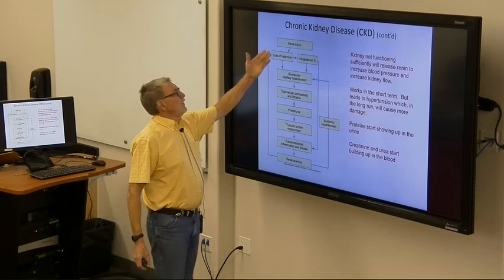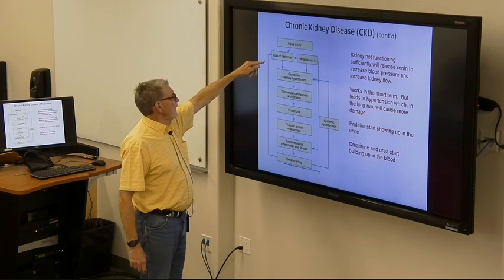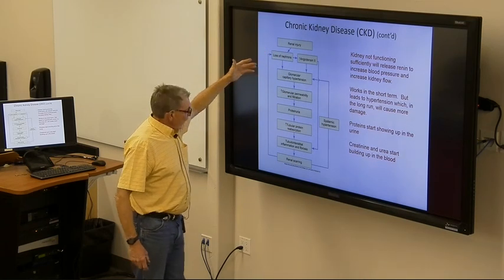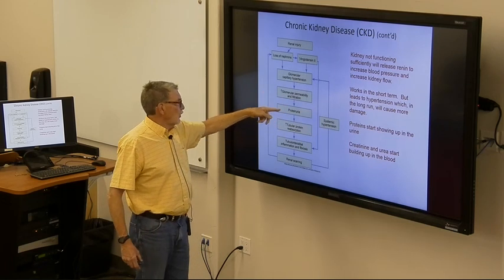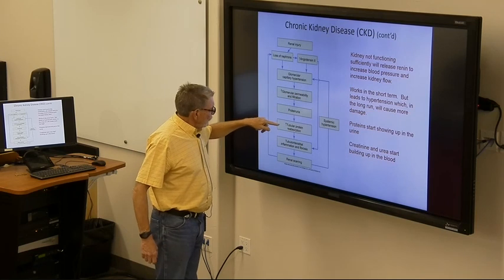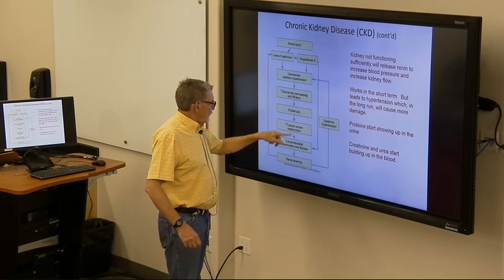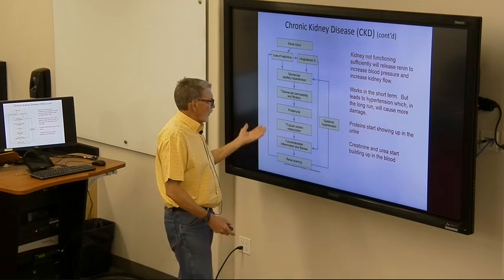Kidney disease starts out with some kind of injury, loss of nephrons, the loss of proteins, so the protein is showing up in the pee. You damage the kidney, so you start developing fibrosis and scarring.